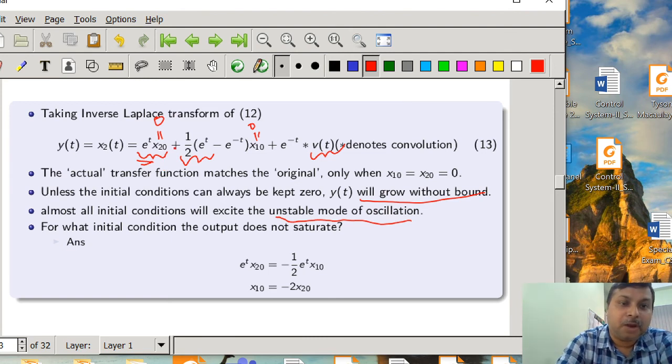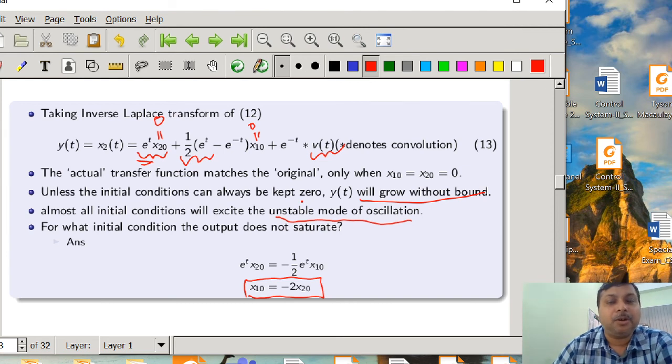So how can we cancel them? We can equate them: e to the power t x2(0) is equal to negative half of e to the power t x1(0). If you solve that, we find x1(0) equals minus 2 times x2(0). So if you are able to select the special initial condition x1(0) equal to negative 2 times x2(0), only for this initial condition will the output be bounded.